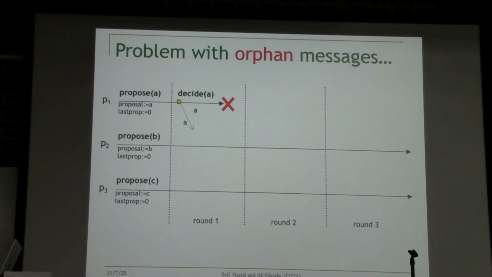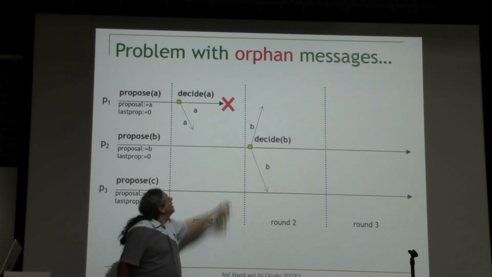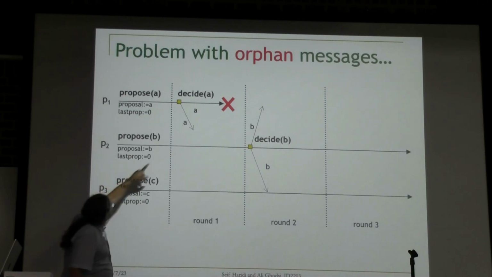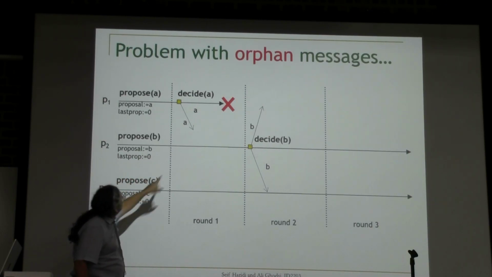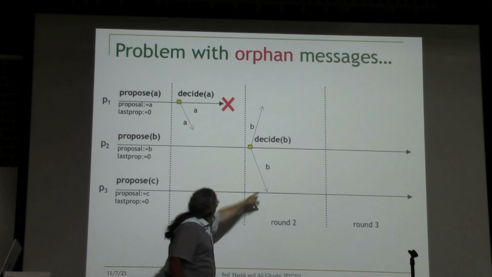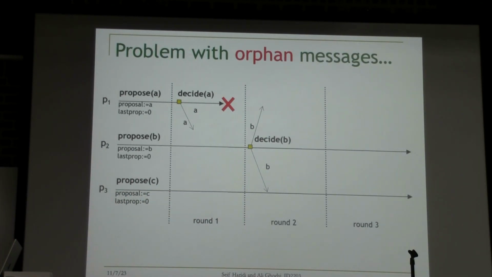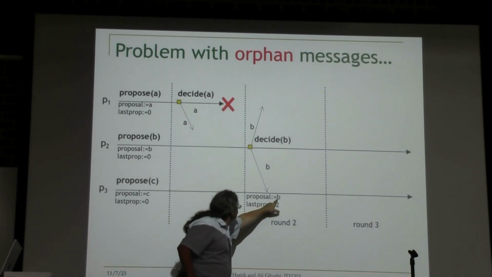The failure detector will detect that, and then we move to round 2. In round 2, P2 is the boss. P2 will decide B, even though it didn't get the message yet, and broadcast B. It doesn't go to A anymore, but it will go to P3. B will be received at P3, and P3 will take that as the new proposal.